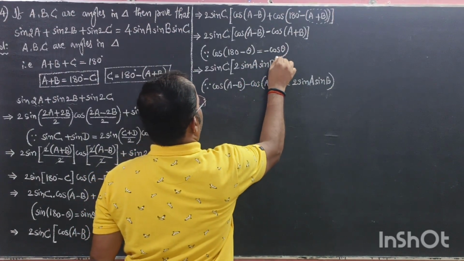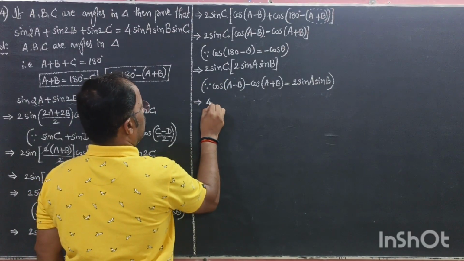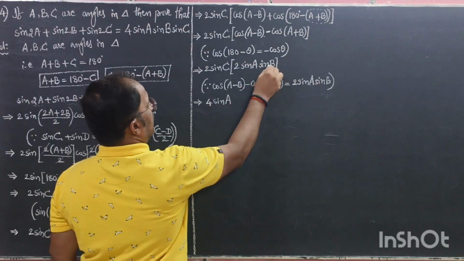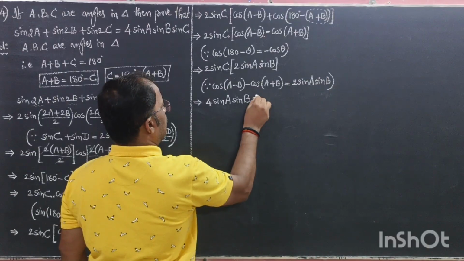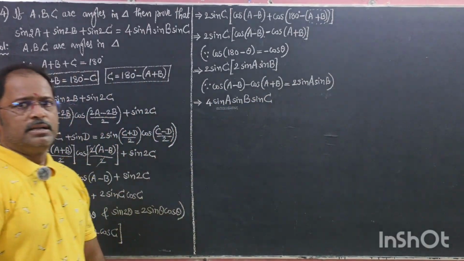Clear? Okay, then now multiply 2 into 2, 4, and write the A term, sin A, into the B term, sin B. Then write the C term, sin C. This is the required answer.